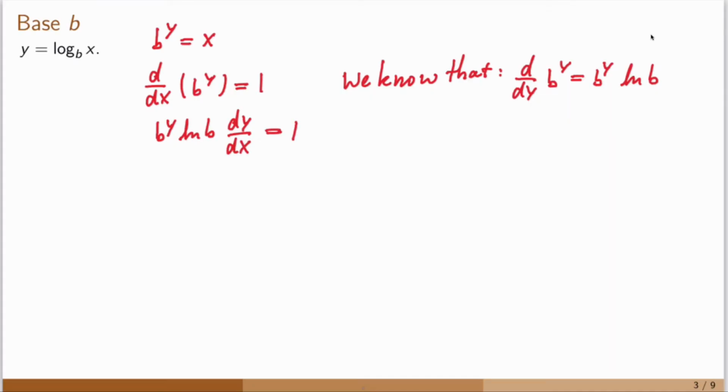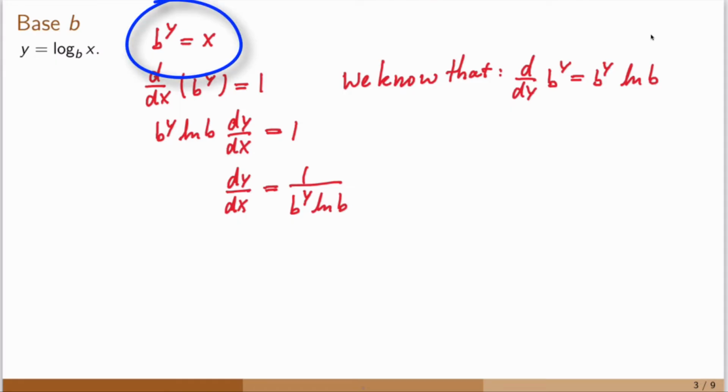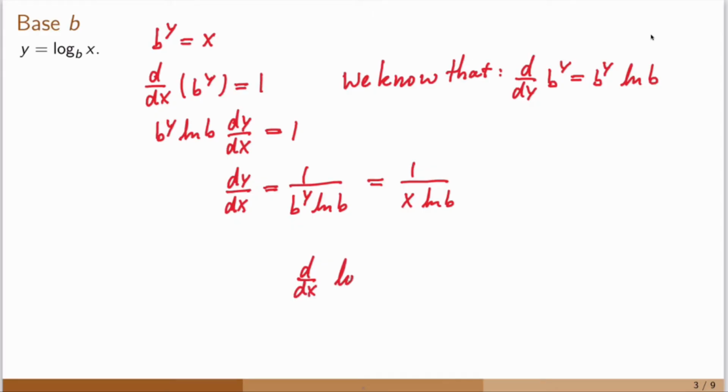So then we can solve for dy by dx, which is 1 divided by b to the y ln b, but b to the y has been x all along, so this is 1 divided by x ln b. So for the logarithm to base b, d by dx of log base b of x equals 1 divided by x log b.